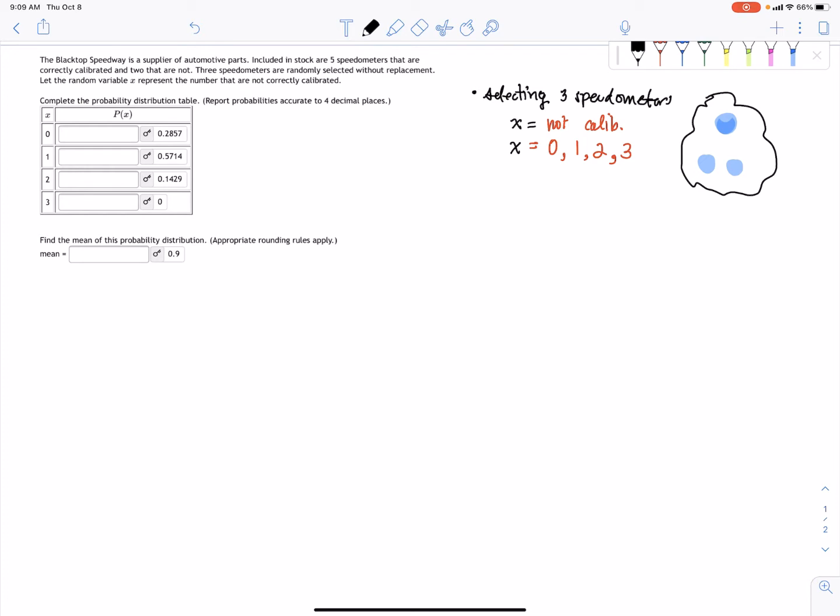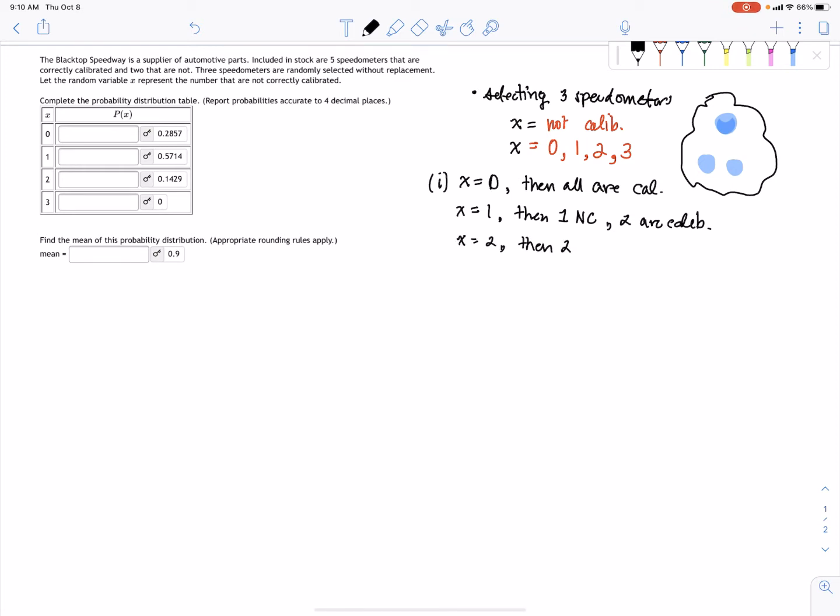Now, the scenario, if x equals 0, so let me put scenario 1. If x equals 0, then all are calibrated. Okay? And if x equals 1, then 1 is not calibrated and 2 are calibrated. If x equals 2, then 2 are not calibrated and 1 is calibrated.